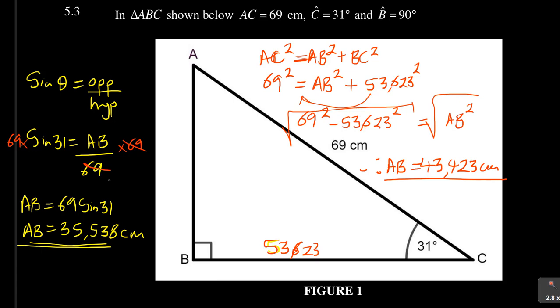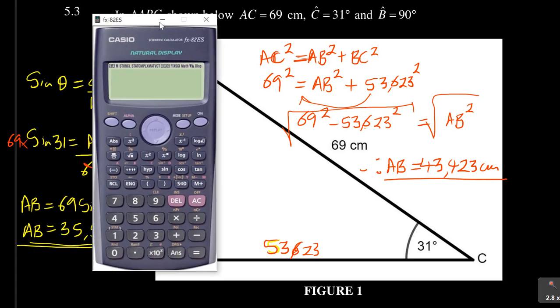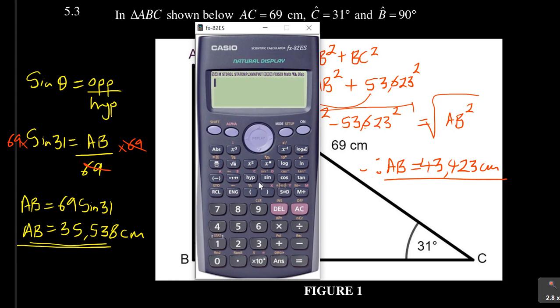Now if I cross check again on my calculator, it will be 69 sin 31, and it's giving me 35.537.